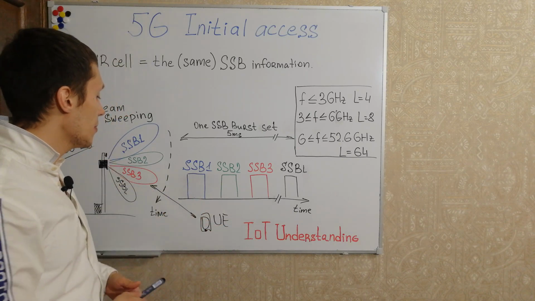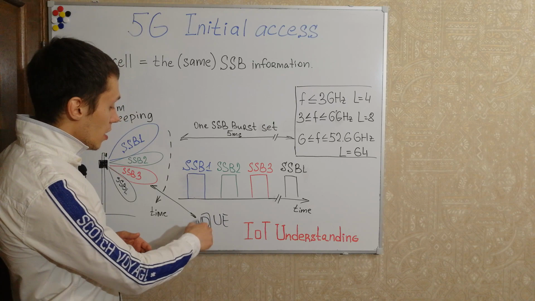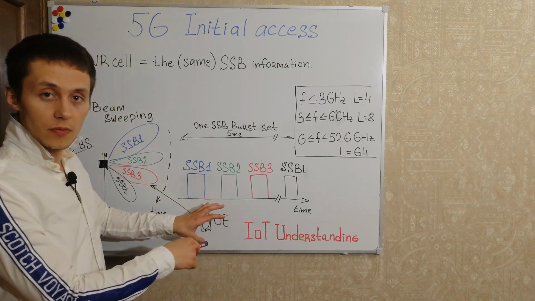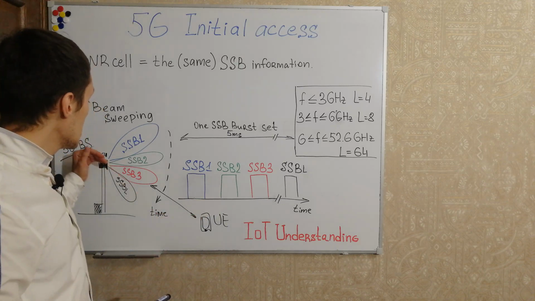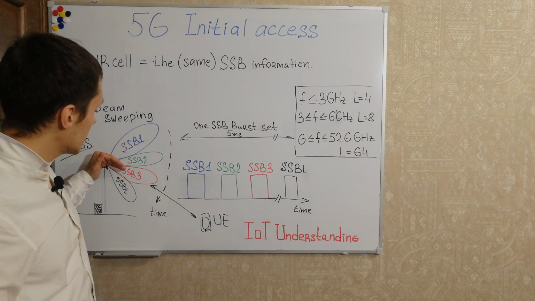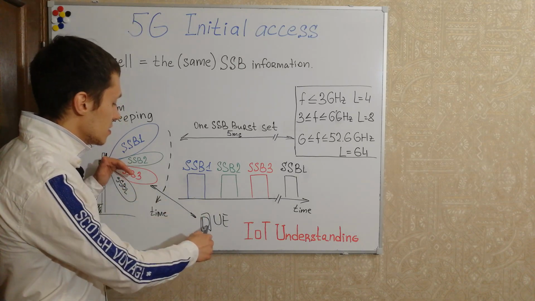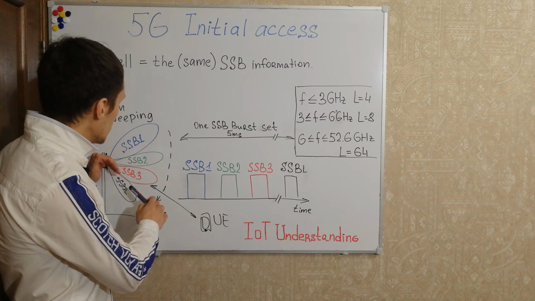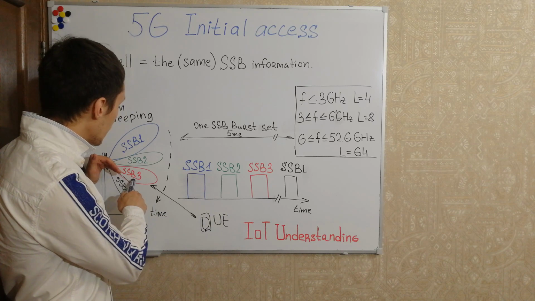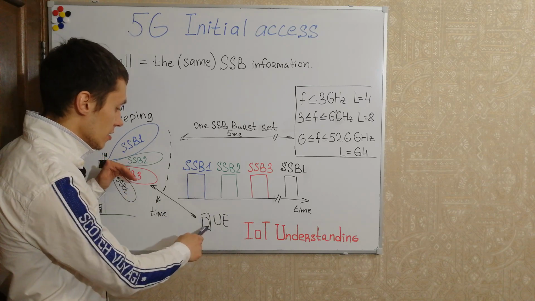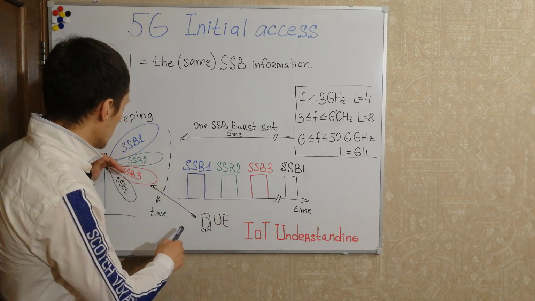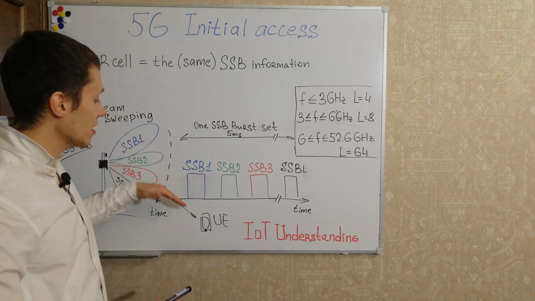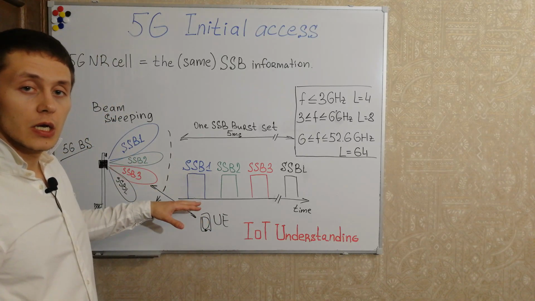Like in this example, the user equipment is located at that point of space, yeah? And the best correlation, the best received signal for the user equipment is actually from SSB3, yes? Because it has the same direction, it is directed to the user equipment.